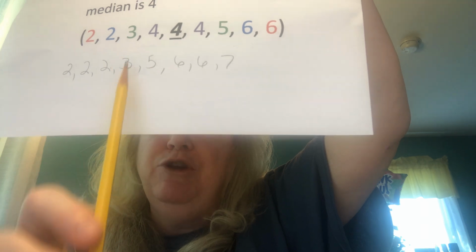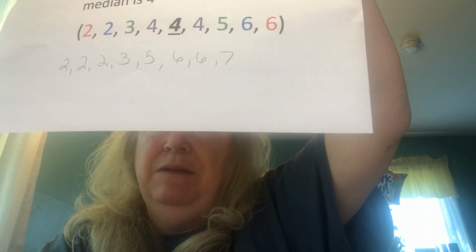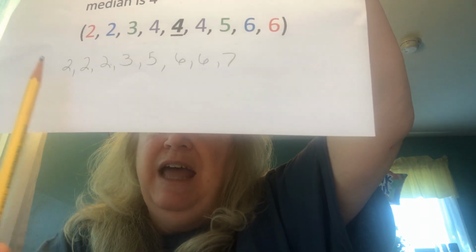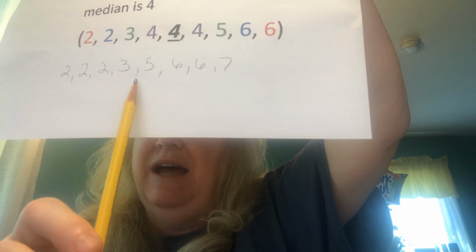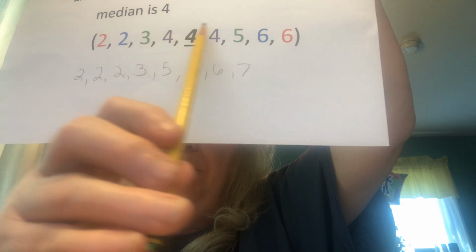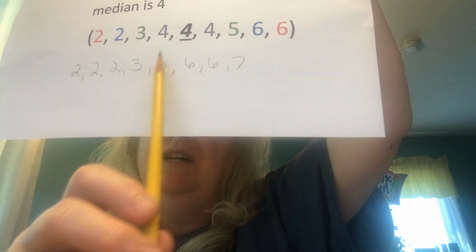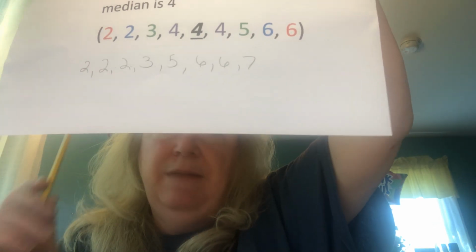And whatever number you get, that's going to be your median. So if you have an even number of items, you have to do the adding and dividing. If you have an odd number of items, then you just go for the middle number. That is median.